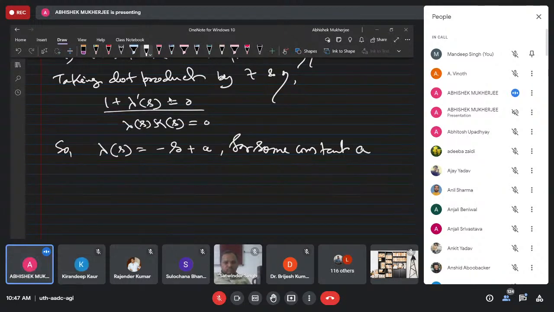Okay, and therefore from the second one, whenever your s is not equal to a, then your kappa s must be 0, right?